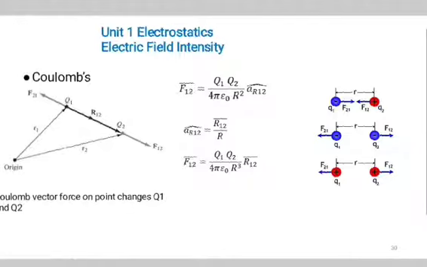A charge is defined as a total deficiency or excess of electrons in an atom. There are two types of charges, positive charge and negative charge.